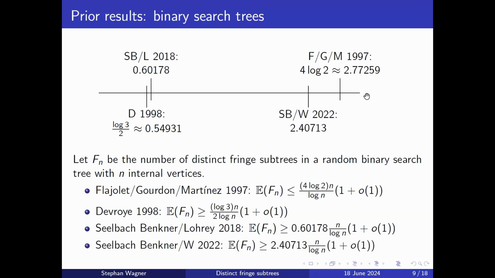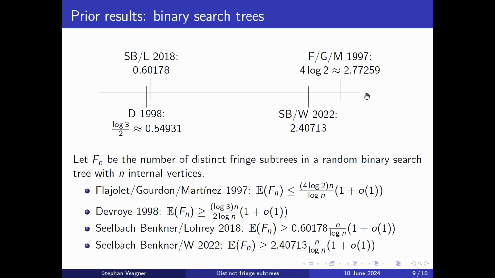And then we have one more update. As part of a different general scheme of things, as a special case there, we got a constant of 2.4 something. This is a lower bound as well. So we moved it over there.